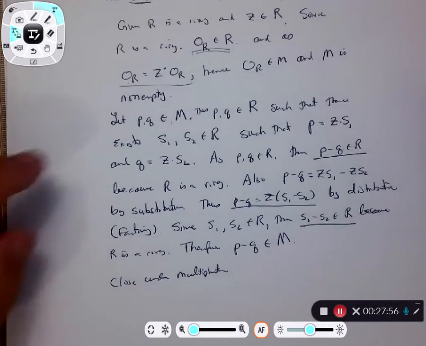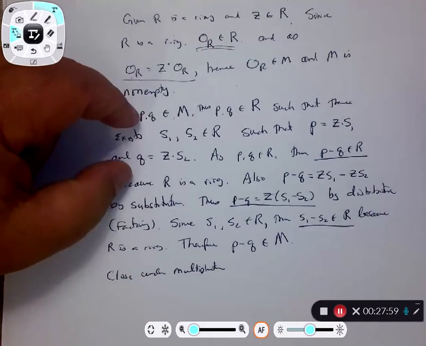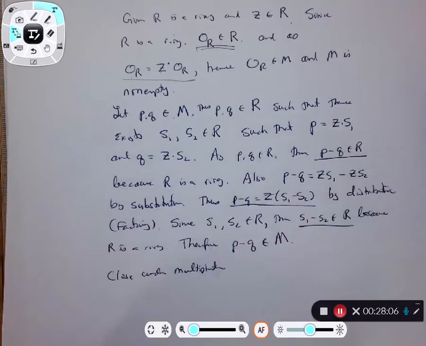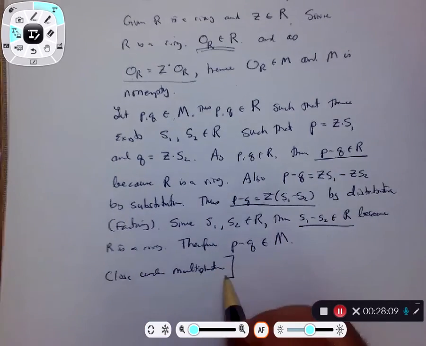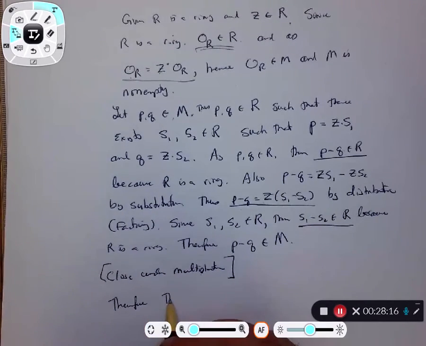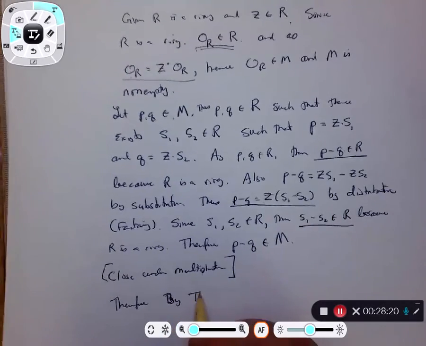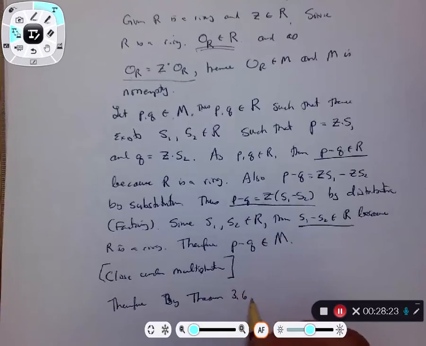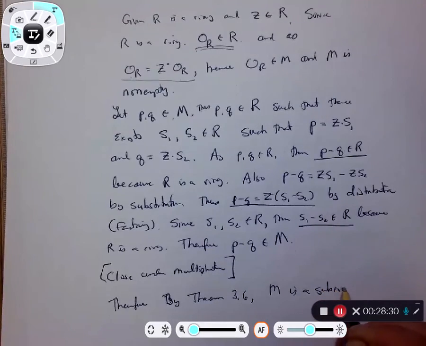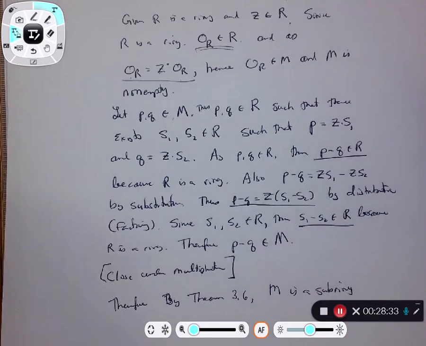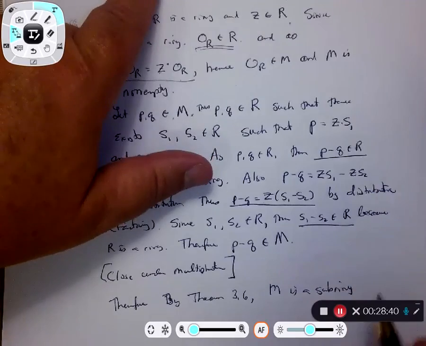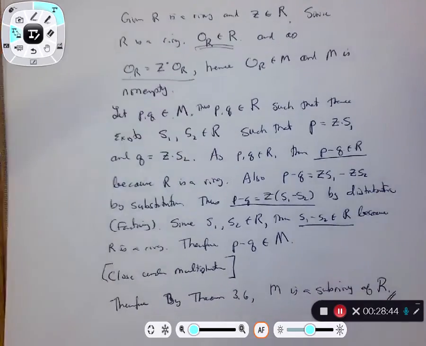You use the exact same elements and the exact same setup, but once you start talking about your equations, you talk about P times Q instead of P minus Q. So you show closed under multiplication, and once you've got that, you say, therefore, by theorem 3.6, M is a subring, and don't just stop there. It's proper etiquette to describe who your subring is of: M is a subring of R, because all the elements came from R. And then you're done.